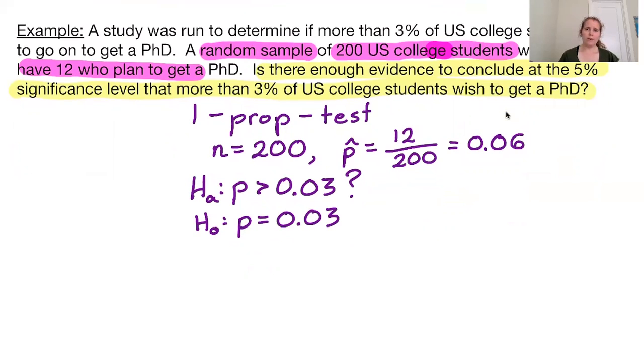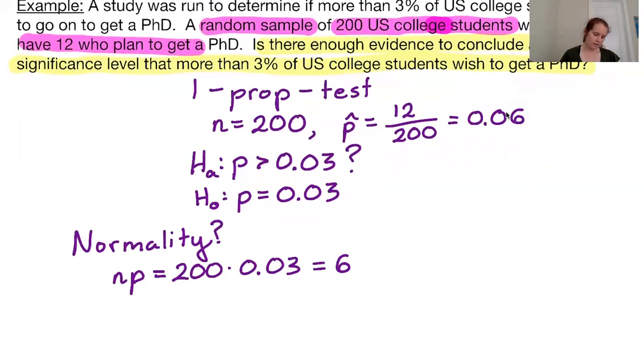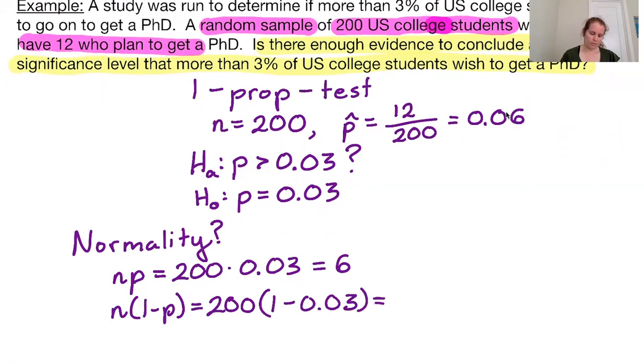If we do our n times p and n times 1 minus p, so checking for normality, n times p, we are looking at 200 times 0.03, which is 6. N times 1 minus p, we have 200 times 1 minus 0.03, which is 194.